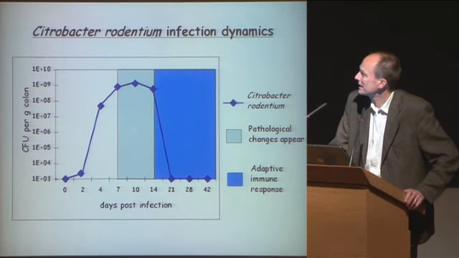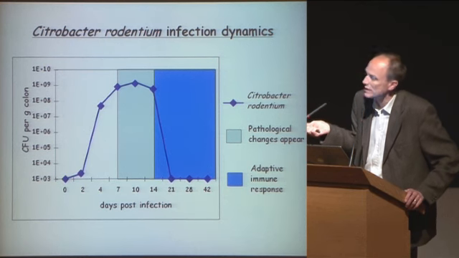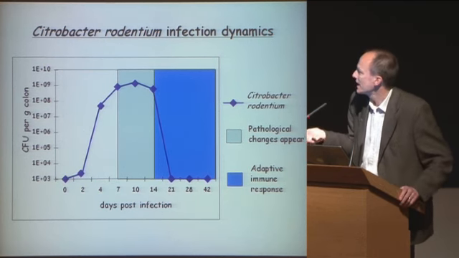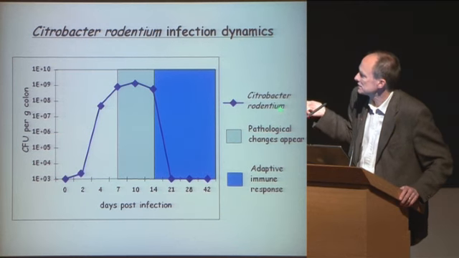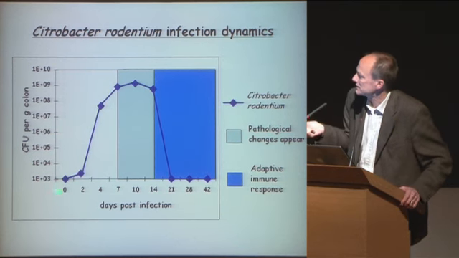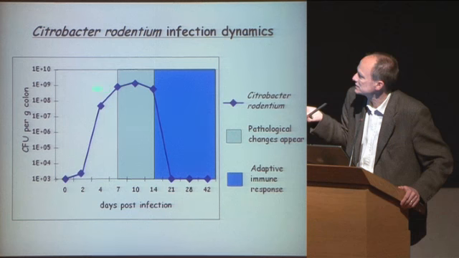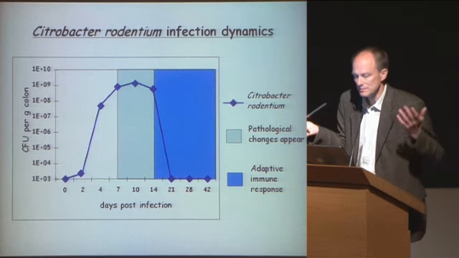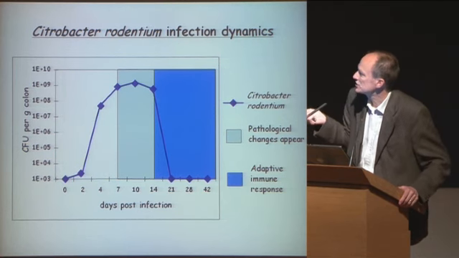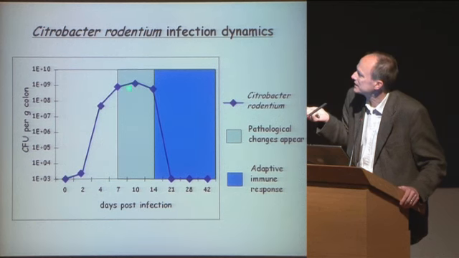When you infect mice with Citrobacter rodentium, the disease progresses over about 4 weeks. If you ask how many Citrobacter there are over time, you start to see them by day 3, and by day 7 the number of Citrobacter is maximal. Days 7 to 14 is when you see the most disease effects. You see a lot of inflammation, et cetera, and then the diarrheal-type effects.